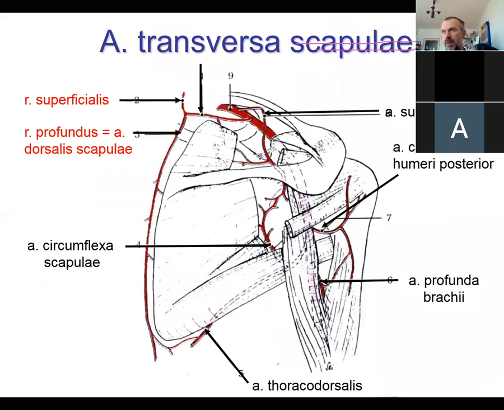This is the cervical transverse artery, arteria transversa colli, gives a superficial branch, and the deep, which is called the dorsal scapular. And dorsal scapular runs here to supply the rhomboid and the levator. Yes? Okay.